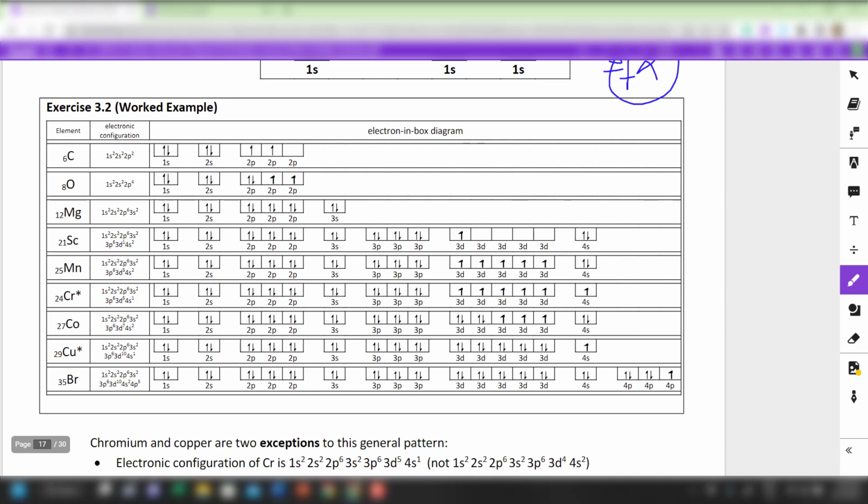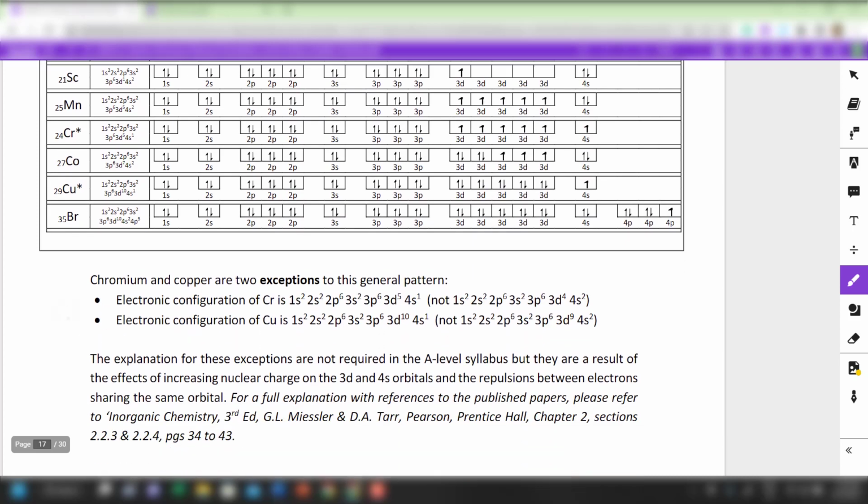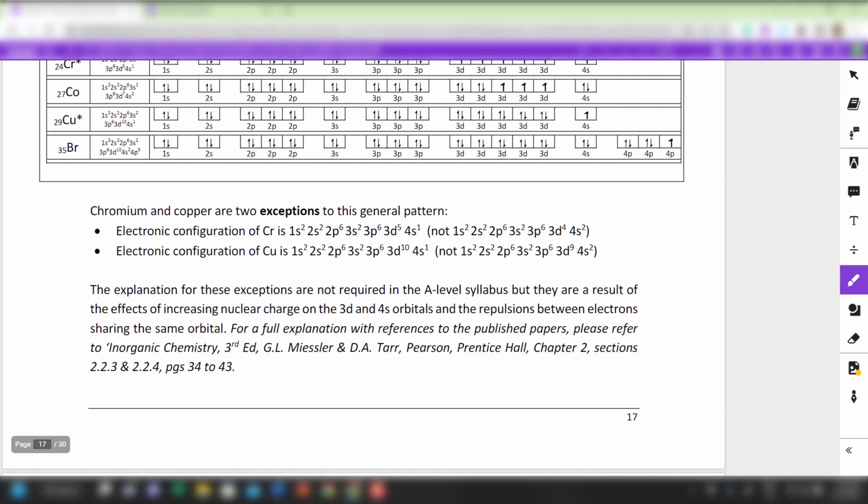Do remember that whenever you show a pair of electrons in an electron in a box diagram, they have to have opposite spin. And of course, earlier on I did mention that chromium and copper are 2 exceptions. I didn't say they are exceptions, but I mentioned that there are exceptions. So these 2 are exceptions.